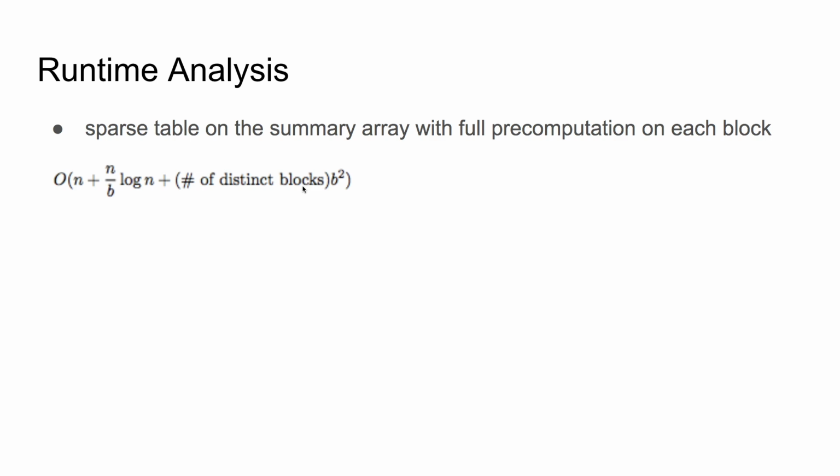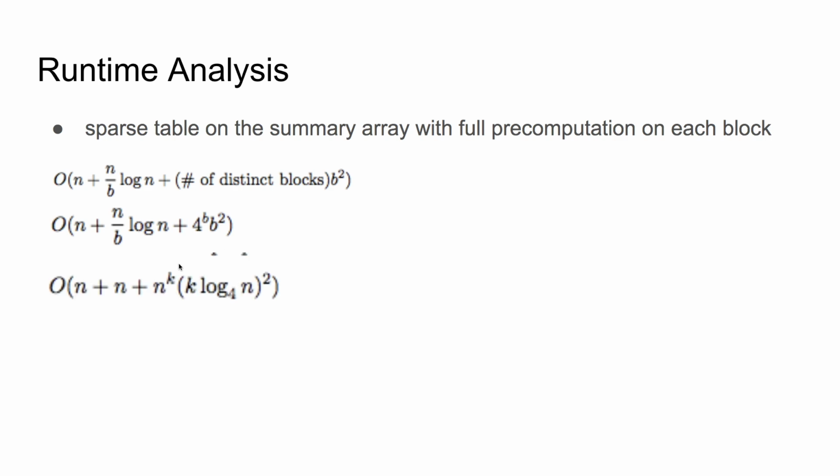If we have a block that we already computed a DP table on, and we have another block which has the same answer to the range minimum query as that block, we can just reuse the same DP table. We don't need to build a new table ourselves. And of course, the DP table takes n squared time, so it's going to be b squared. We know that there are 4 to the b distinct blocks from our Cartesian tree argument, so that just simplifies.